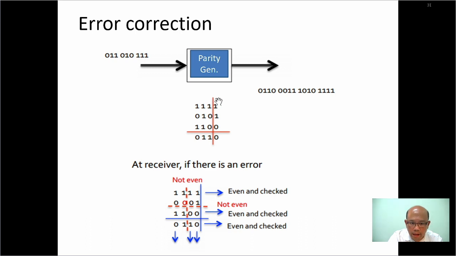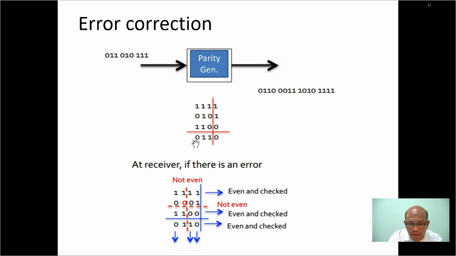Now we have the parity for each row. Now consider each column. For this column, it is 1, 0, 1. This is even, so I convert to even form and put 0 here, and this one I put 1.